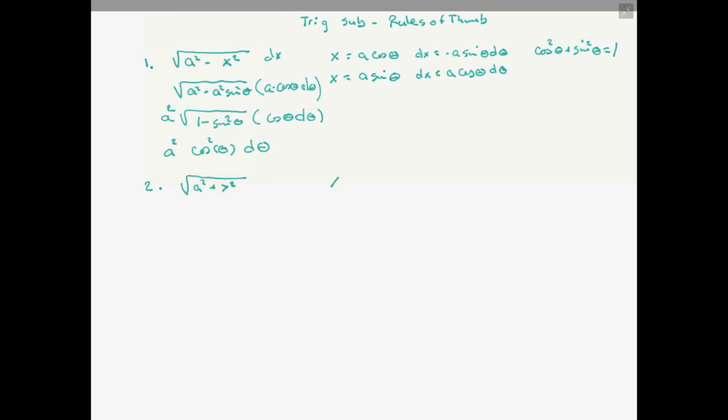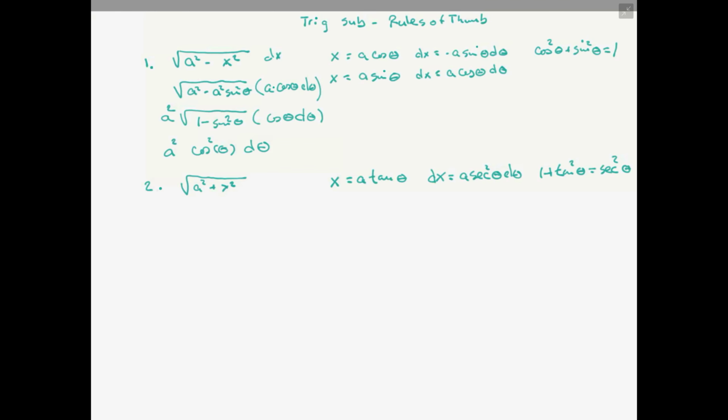And in that case, we would be using x equals a tangent theta, and then dx would be a secant squared theta d theta. And of course, we're using 1 plus tangent squared theta equals secant squared theta. That's the identity we're using.